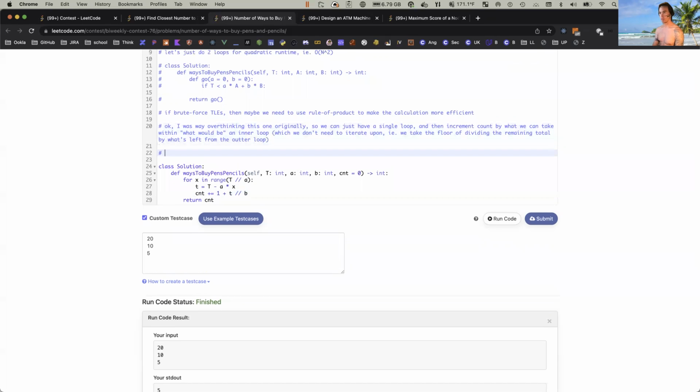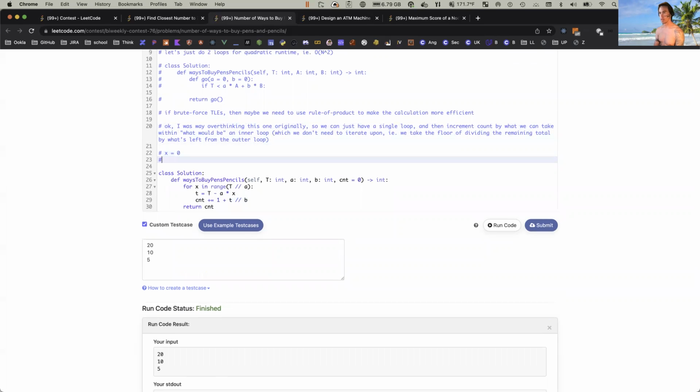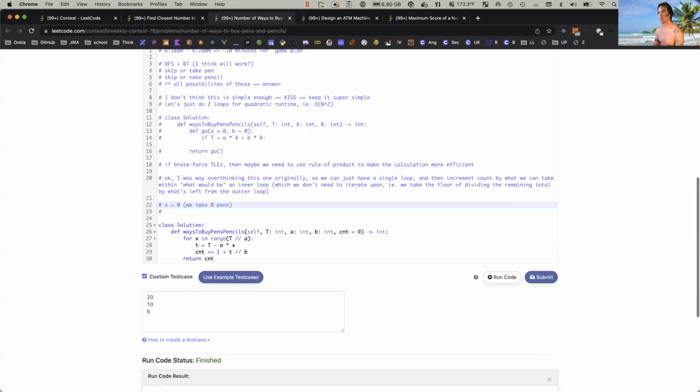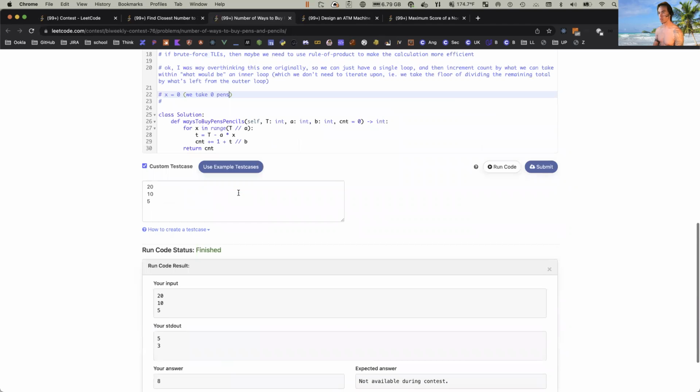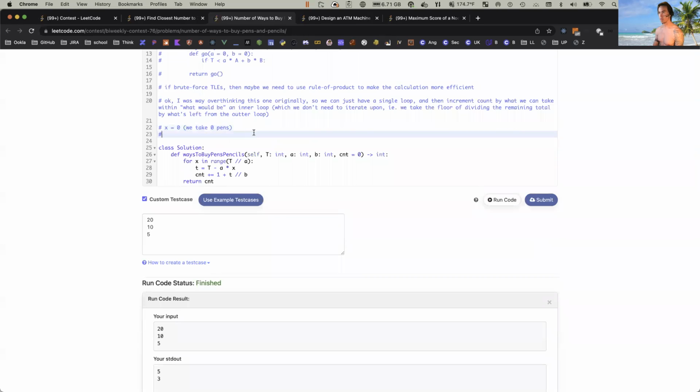So how is this working? So x equals 0, we take 0 pens. T equals 20. T equals 20 minus 0 times 10, which is 0. It's 20.